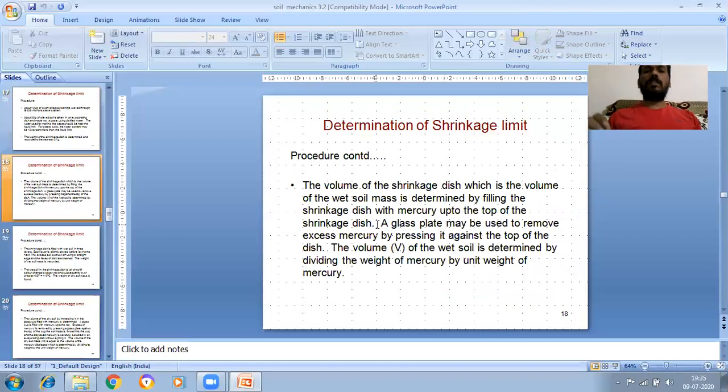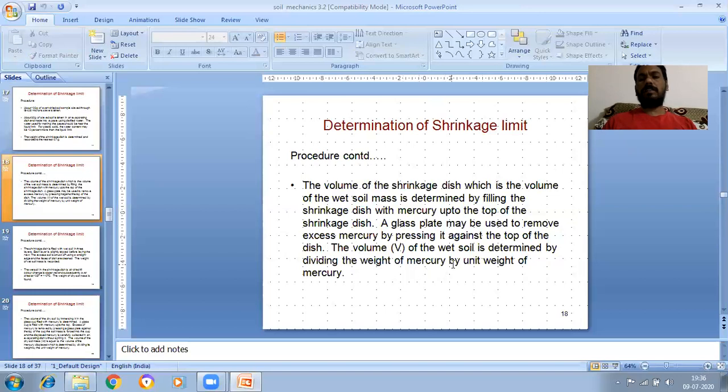So we determine the volume of the shrinkage dish by filling it with mercury up to the top. A glass plate may be used to remove excess mercury by pressing it against the top of the dish. Next, the volume V of the wet soil is determined.